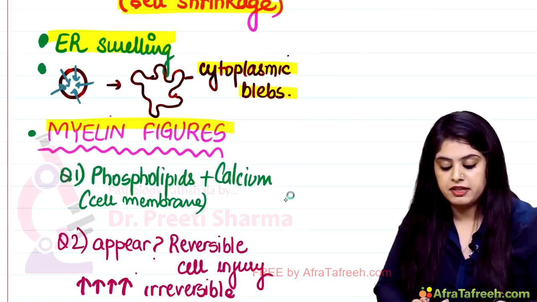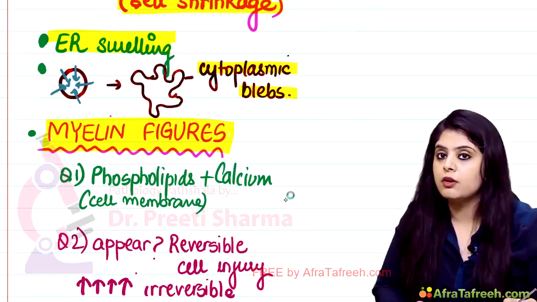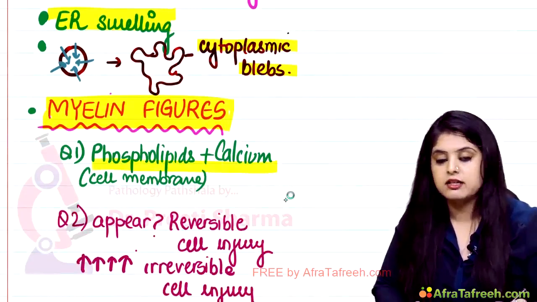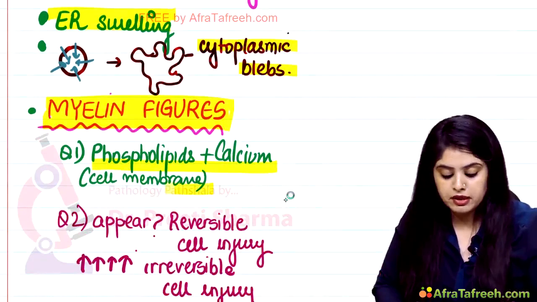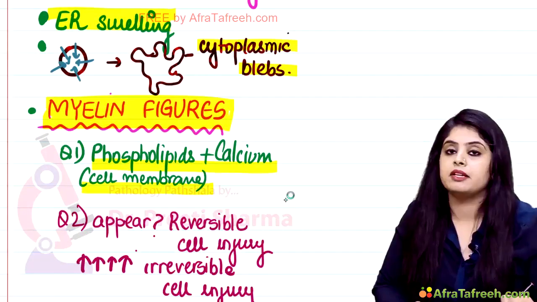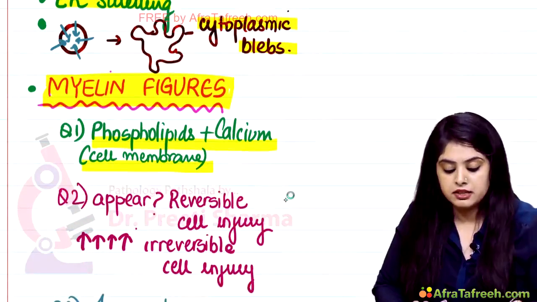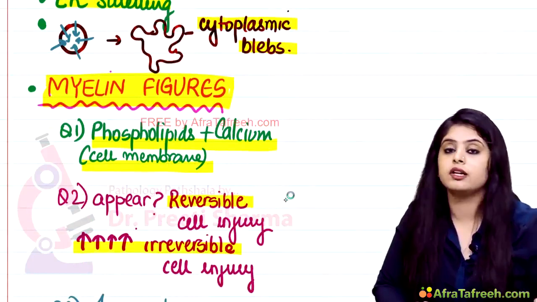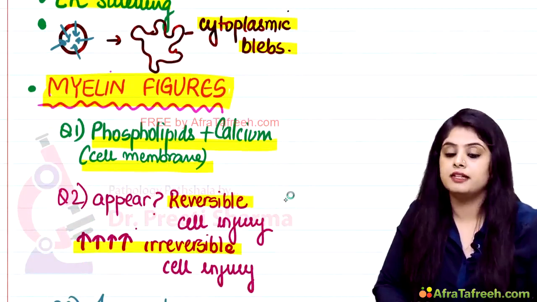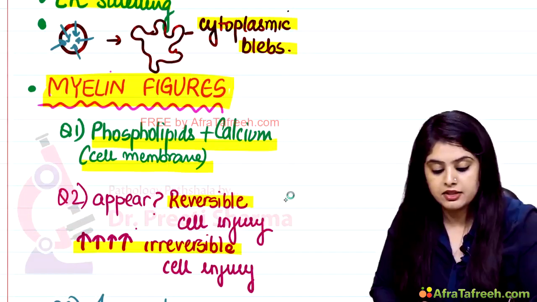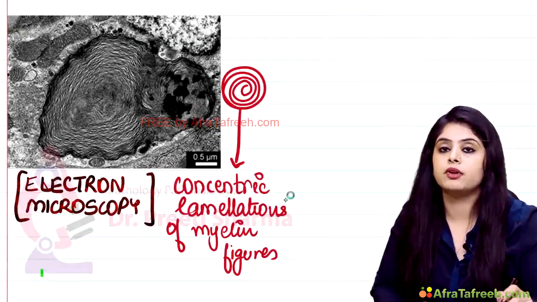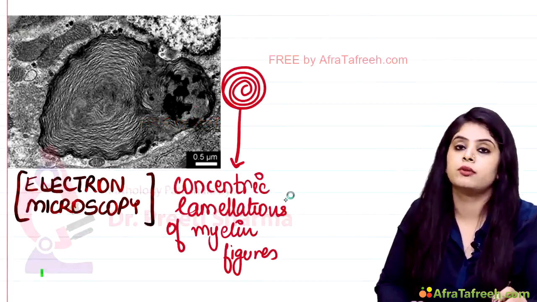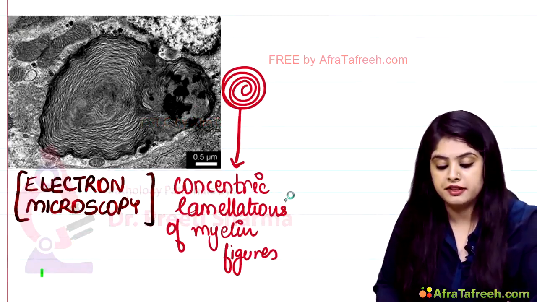Finally comes a time when damage starts, and that is formation of myelin figures. What is the composition? Phospholipid and calcium. Where is phospholipid coming from? The cell membrane. Which injury does it begin in? It begins in reversible, but the number increases a lot in irreversible. And finally, the concentric lamellations are important. These are the electron microscopic findings of myelin figures.